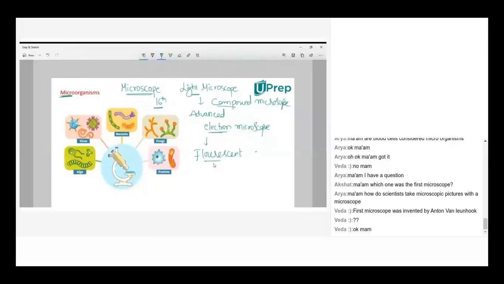Now coming to the microscopes, what is the difference between all these? Whenever we talk about microscope, we talk about resolution. Resolution is nothing but how perfectly or in how much detail you can see an object.